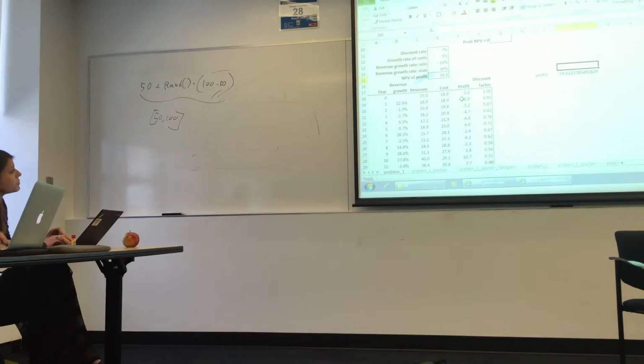Again, it's less business analytics. I don't expect them to give you things. I could do it more easily: just multiply the discount factor by the profit. I already did all the discounts, then sum. But I did it just using the NPV formula. If you prefer, you can just multiply the discount factor by the profit, and then take the sum.